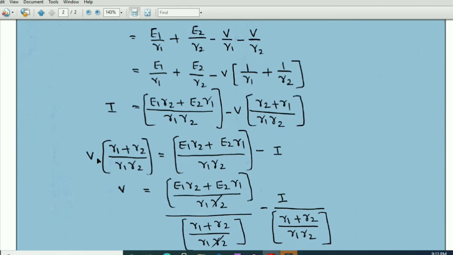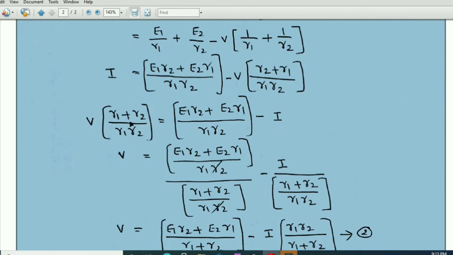So why we are writing like this means, actually the potential difference formula is V is equal to E minus IR. So to get that form we are writing like this. Now V is equal to, take this (R1 + R2)/R1 R2 to the other side, it gives (E1 R2 + E2 R1)/R1 R2 over (R1 + R2)/R1 R2, minus I, and this divides (R1 + R2)/R1 R2.